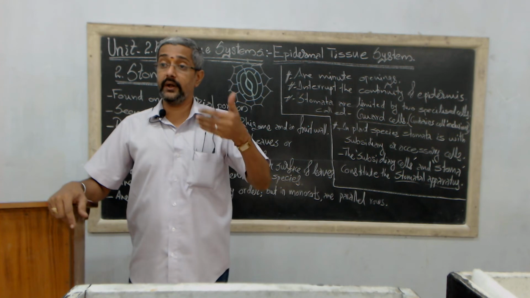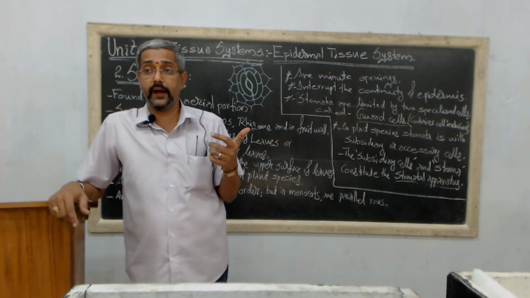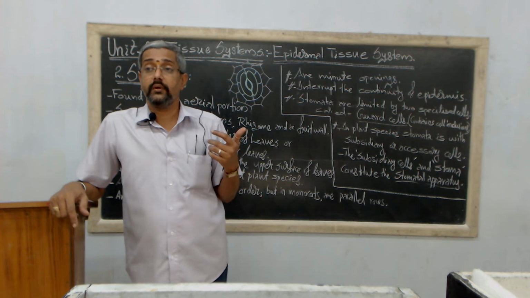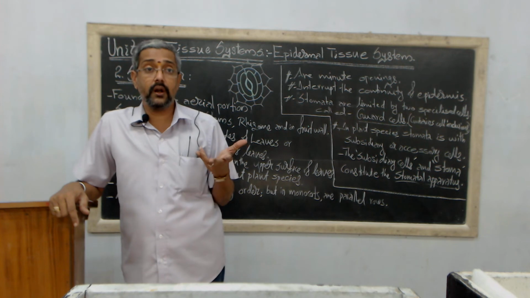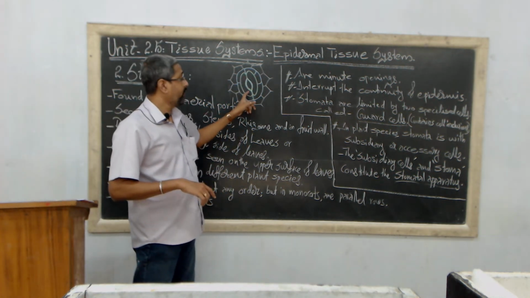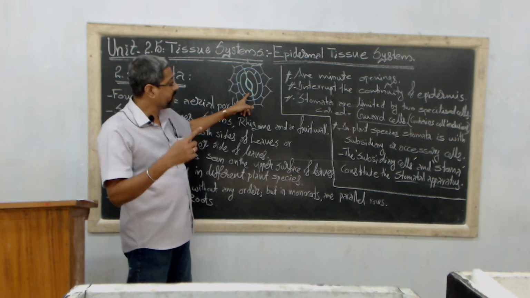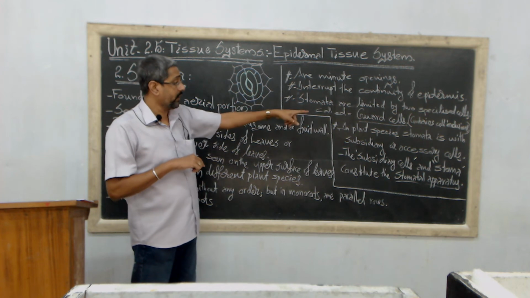Epidermal cells are parenchymatous in origin, but they do not have a specific shape, as we know: rectangular, oval or polygonal. These seem to be V-shaped or kidney-shaped cells, so they are called specialized cells, the guard cells.